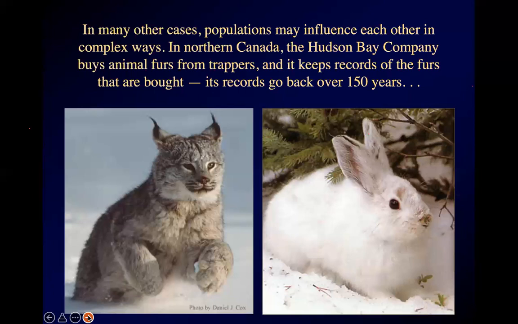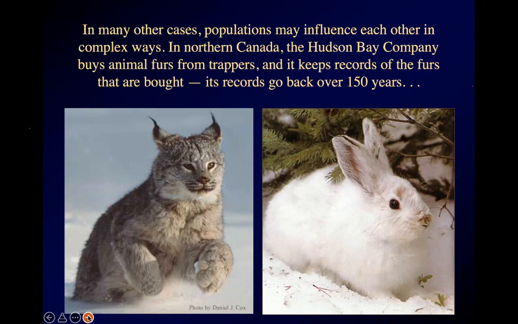Now, trappers don't successfully kill every one of the fur-bearing animals up there. They probably don't even kill that many relative to the total population size. So in years where a fur-bearing animal population is large, the trappers manage to trap a lot of furs from that species.